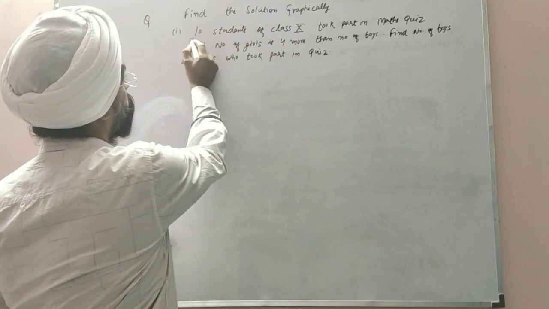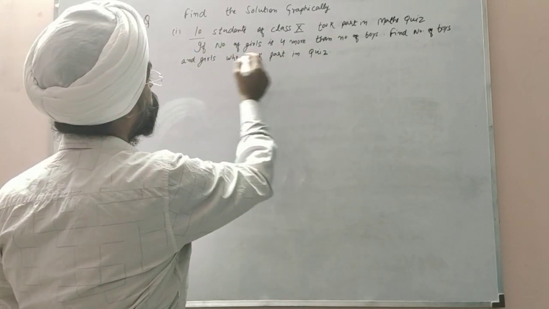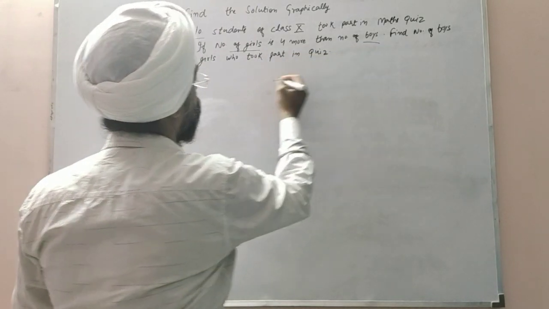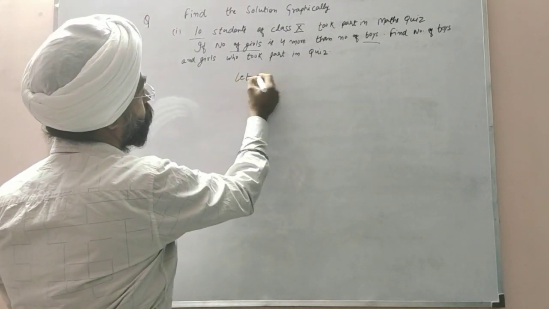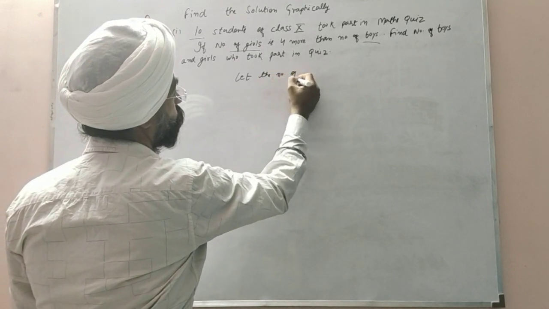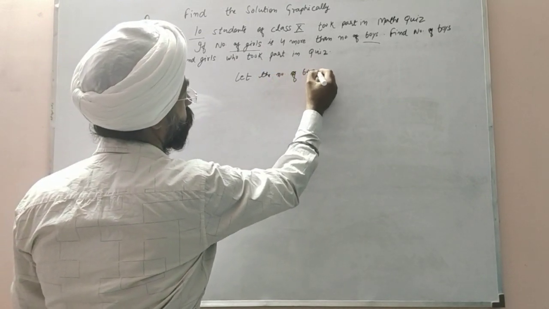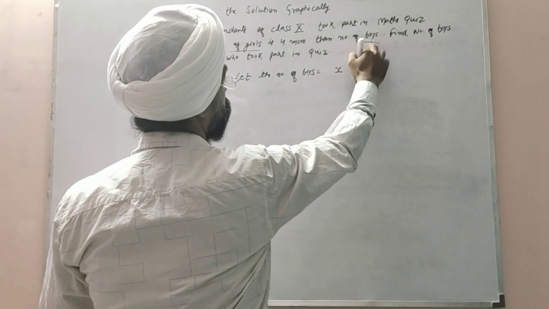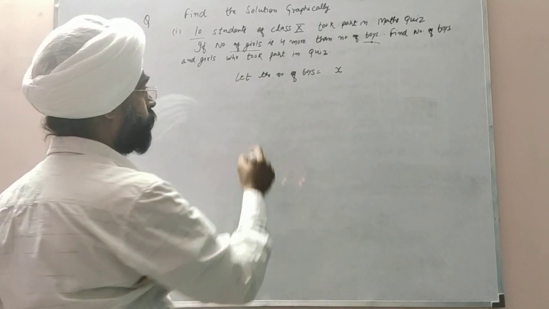Total students are given as 10. The number of girls is more than the boys. So let the number of boys be x.